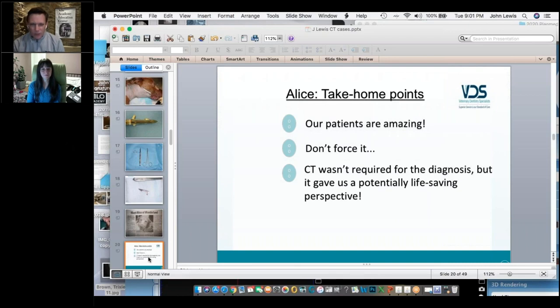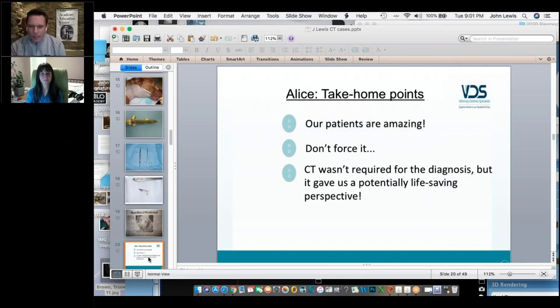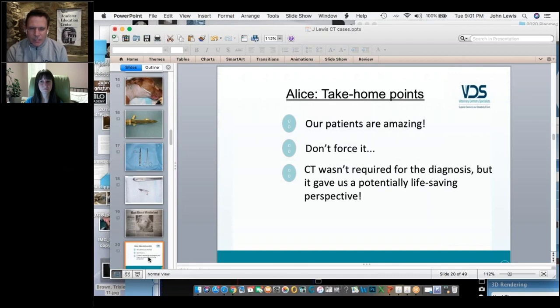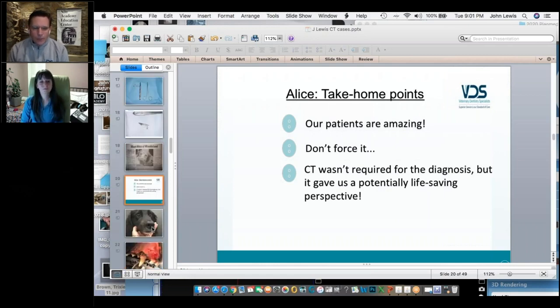So just a good reminder to not try to force an awake exam on a reluctant patient. And CT in this case wasn't required for a diagnosis, but it gave us potentially life-saving perspective on where those blades were located. So very interesting set of arrow cases that you probably won't see very often, but the similarities were really impressive.